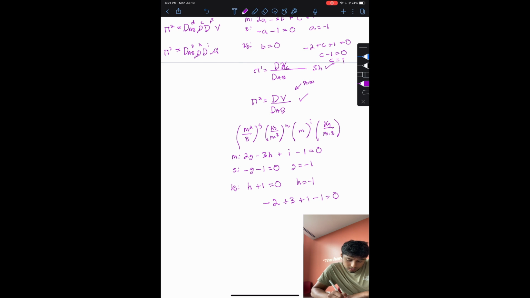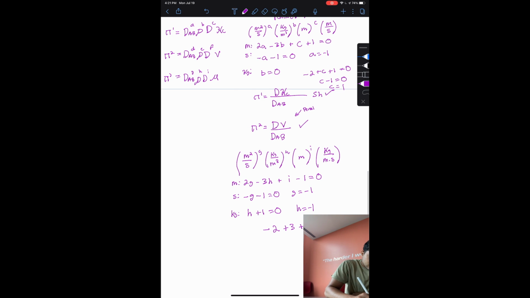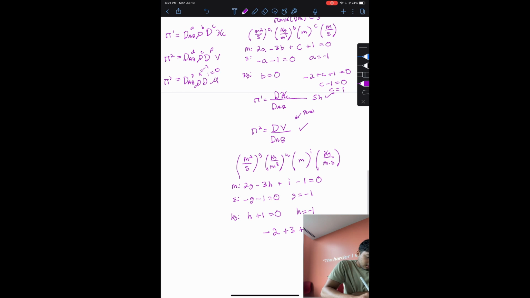Yeah, that's equal to 0. I was thinking something else. Okay, so we found the dimensional groups. So this is equal to 0. H is equal to negative 1. And G is also equal to negative 1.